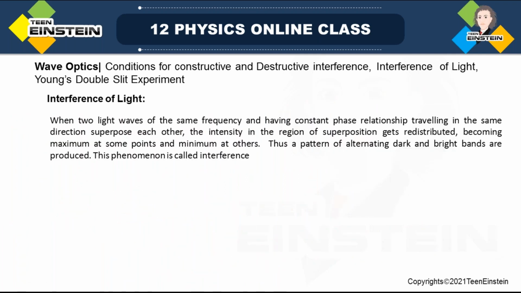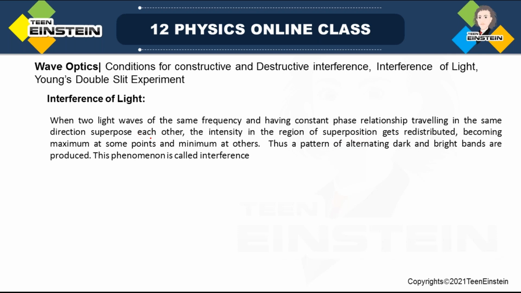So look, we have already learned interference means some kind of superposition of waves, and because of that, in some places there will be maximum intensity, and in some places minimum intensity. So what is a light wave?